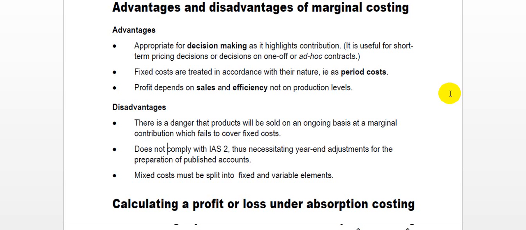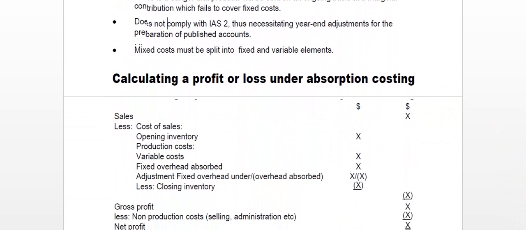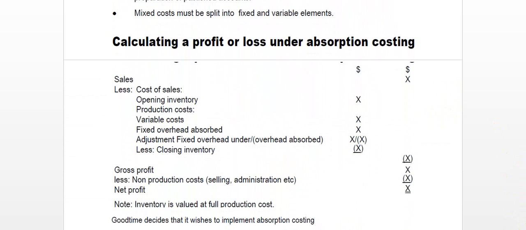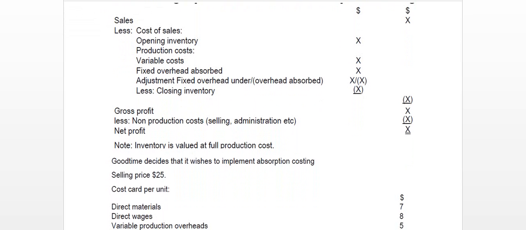We look at profits under absorption costing. You have a pro forma there. Again, you have to memorize and differentiate these two pro formas, the one for marginal costing and the one for absorption costing. You notice the one for absorption costing does not include contribution.